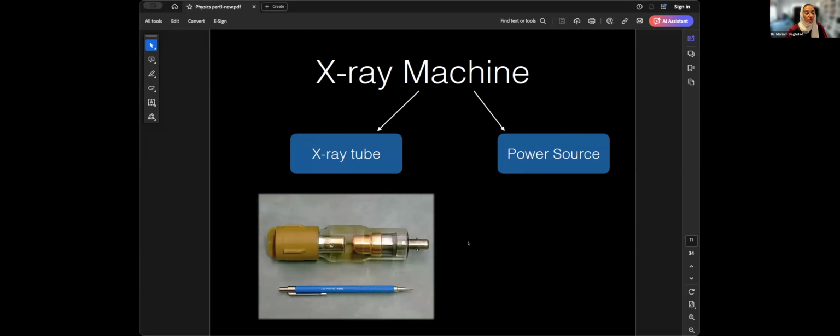Which brings us to what's inside of your X-ray machine? What is it? What do we have in it? How is it produced? What is produced and how? So the main thing you have within your X-ray machine is something called the X-ray tube.